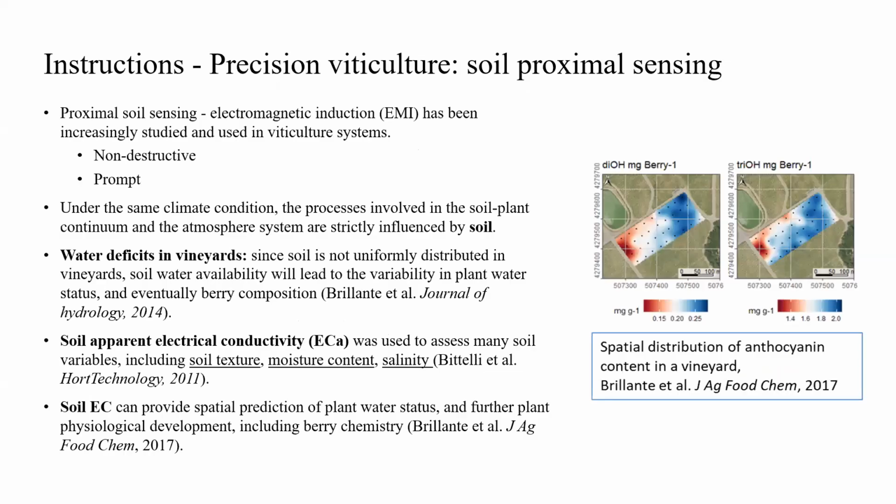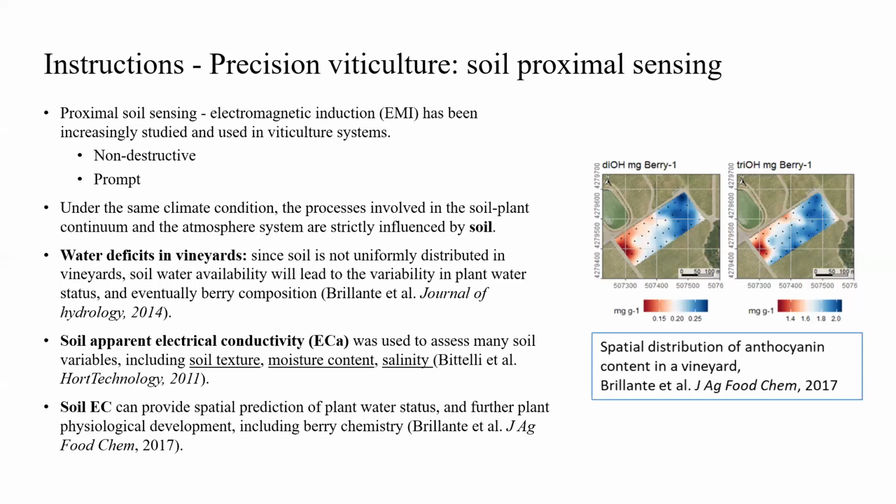So with recent advancements in data science and sensor technologies, proximal soil sensing, specifically electromagnetic induction, EMI, has been increasingly studied and used in viticulture systems. They are beneficial due to their non-destructive and prompt attributes, covering almost the whole vineyard, so they become more relevant in a real-world setting.